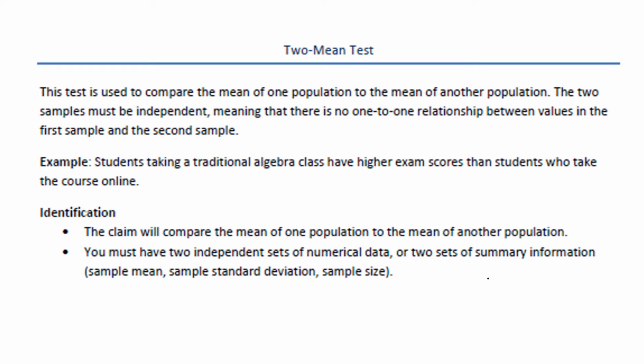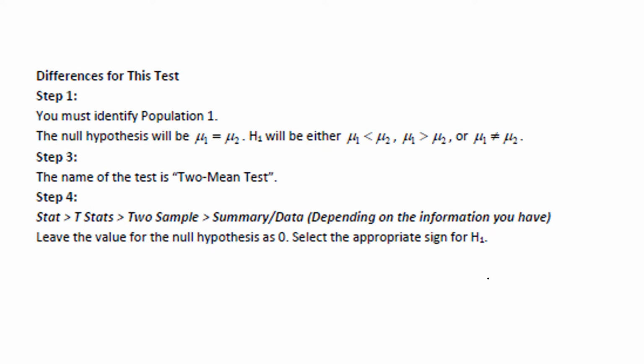To identify this test, the claim will compare the mean of one population to the mean of another population, and you're going to need two independent sets of numerical data or two sets of summary information, including the mean, standard deviation, and size for each sample. The differences for this test, just like with the two proportion test and the paired difference test, you have to identify population 1. The null hypothesis will be mu sub 1 equals mu sub 2.